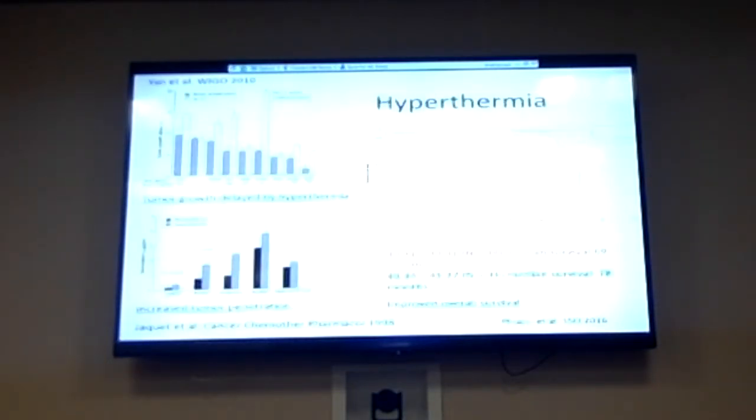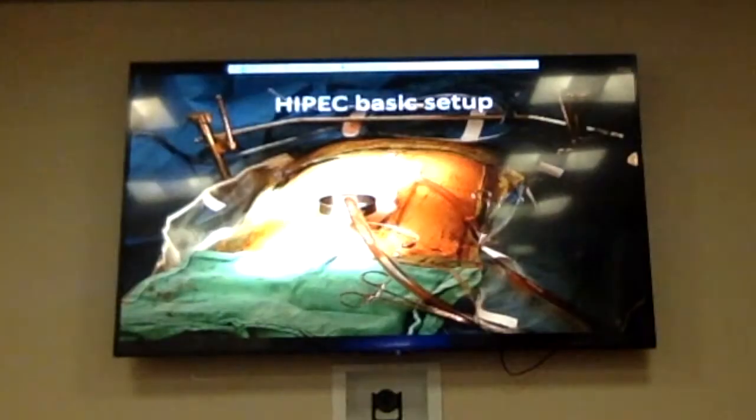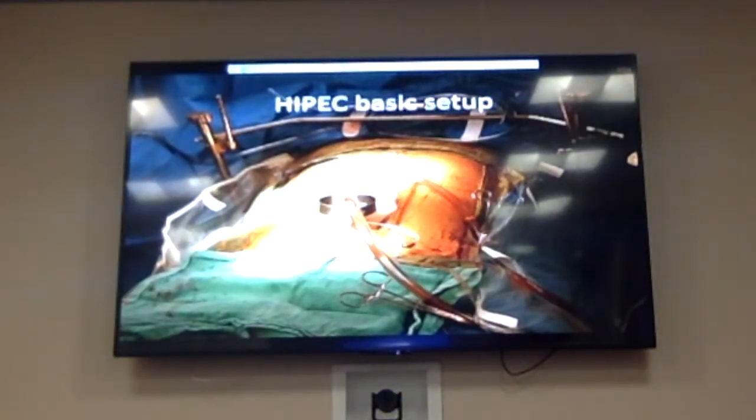You can see here there are a number of studies that show that hyperthermia delays tumor growth, increases tumor penetration, and improves overall survival. So here's the HIPEC basic setup as it's done here.